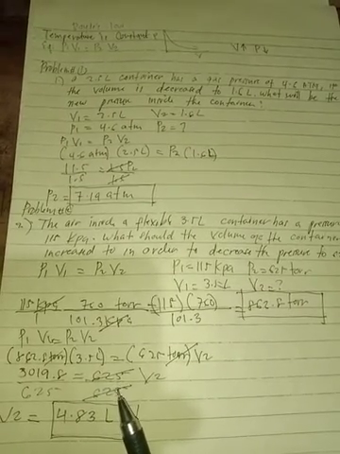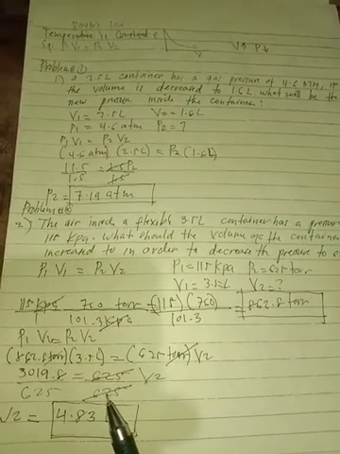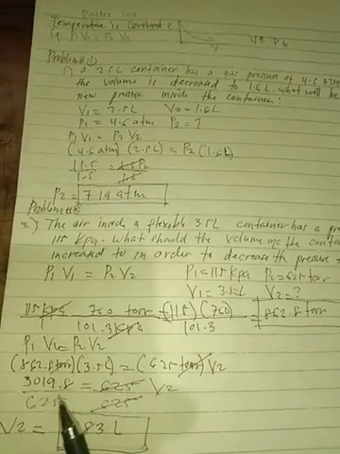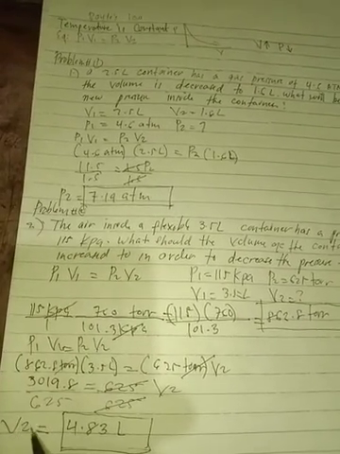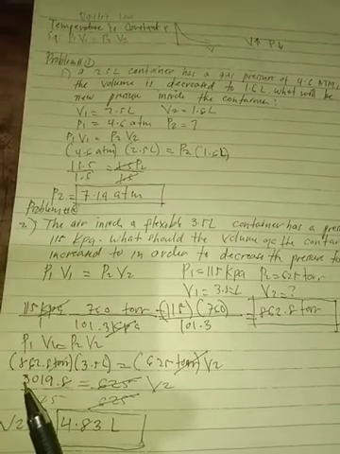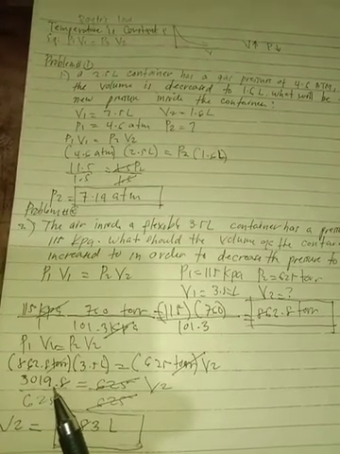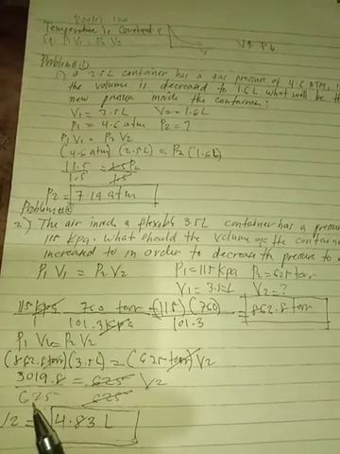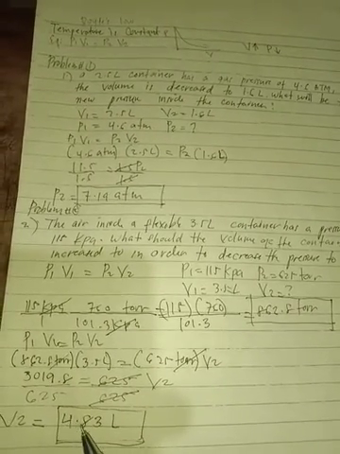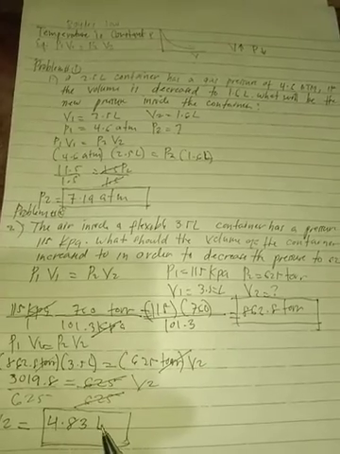Then we are going to divide both sides by 625. So cancel, then copy the volume 2 is 3019.8 divided by 625. The answer is 4.83 liter.